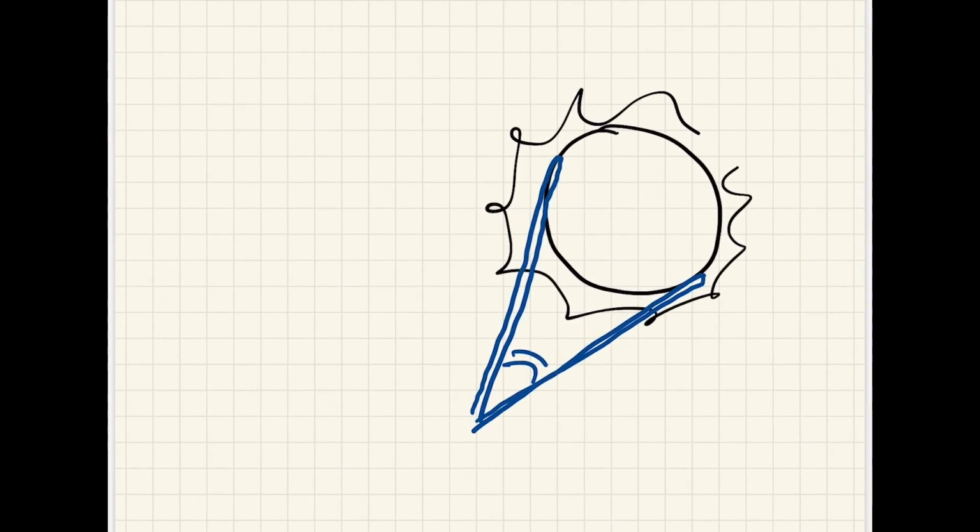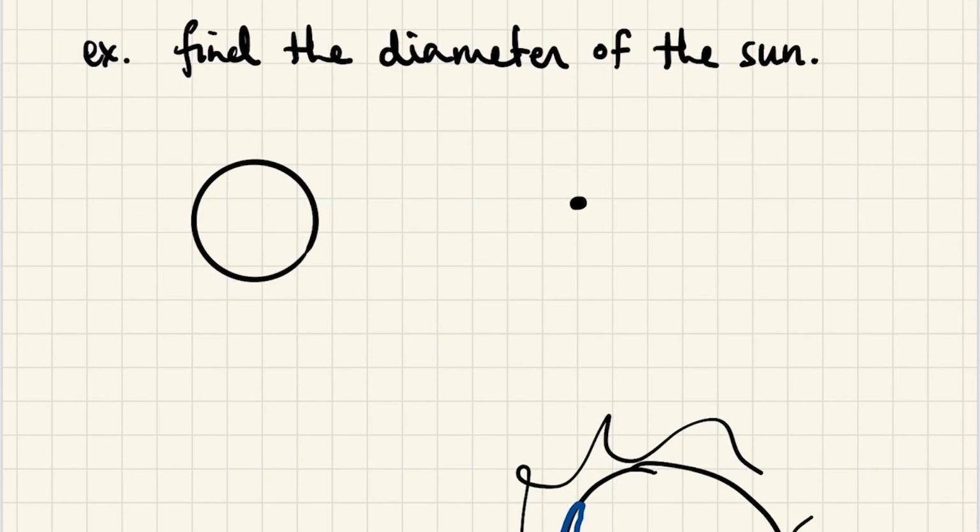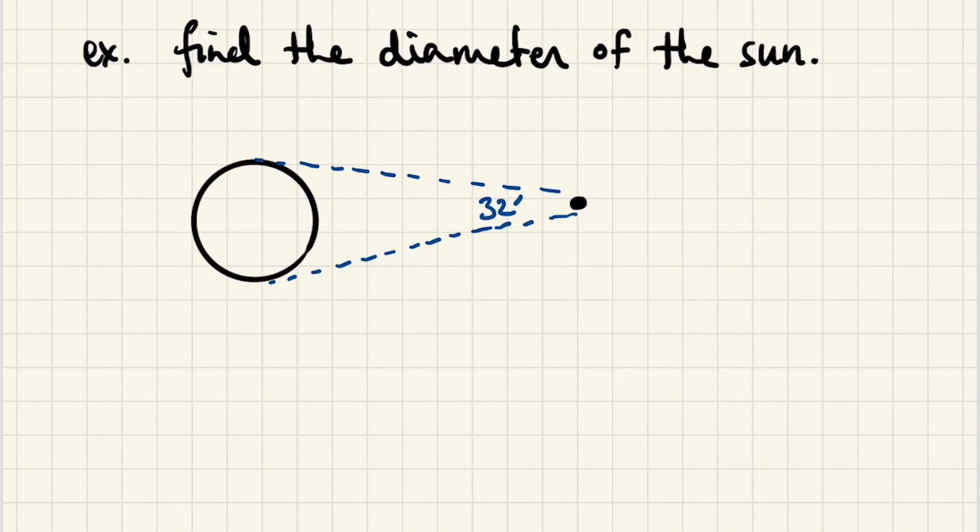So if we did that to the sun, we would get 32 minutes of angle. That's about half of a degree. And we want to know the diameter of the sun, which is this length right here.